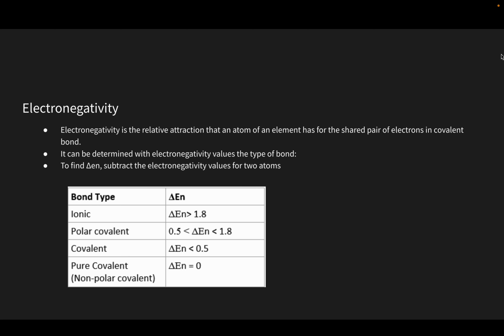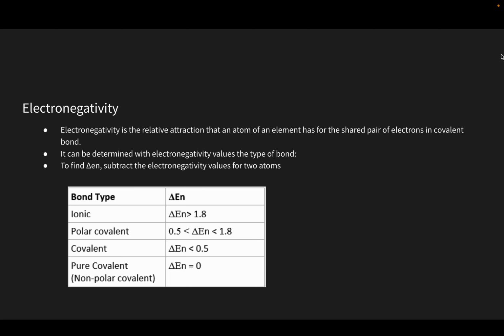Next one, electronegativity. As you remember, we already covered electronegativity in the third unit. Electronegativity is the relative attraction that an atom of an element has for the shared pair of electrons in a covalent bond. It can be used to determine the type of bond. To find delta electronegativity, subtract the electronegativity values for two atoms.